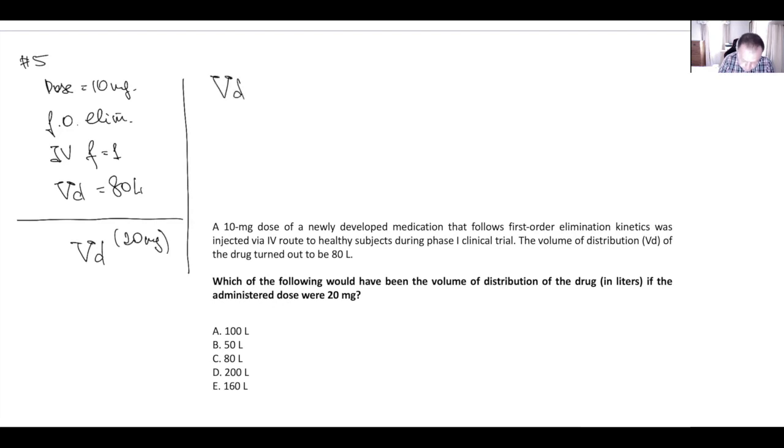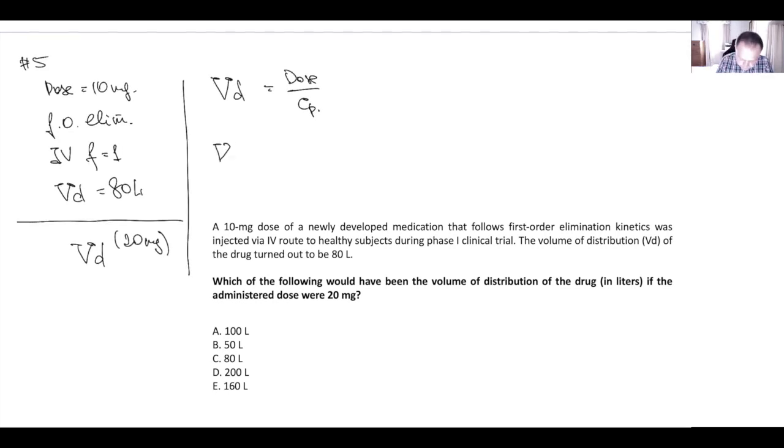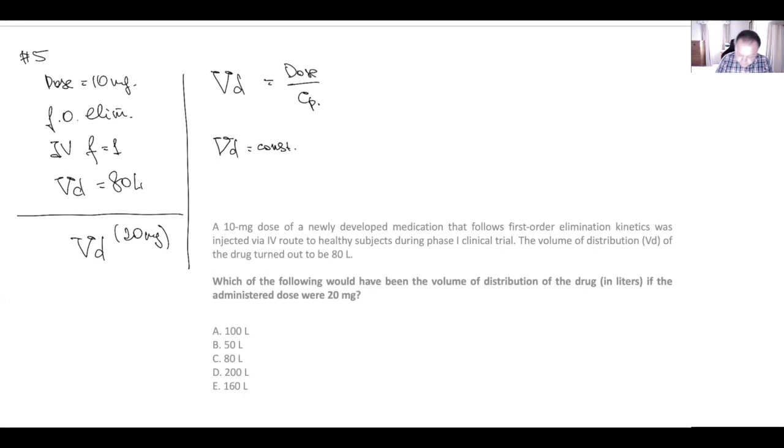Volume of distribution is a dose over plasma concentration, but this doesn't help us. Volume of distribution is a constant for a medication. Yeah? And if for the same individual you increase the dose, the plasma concentration will rise as well. This will keep the same volume of distribution, 80 liters.